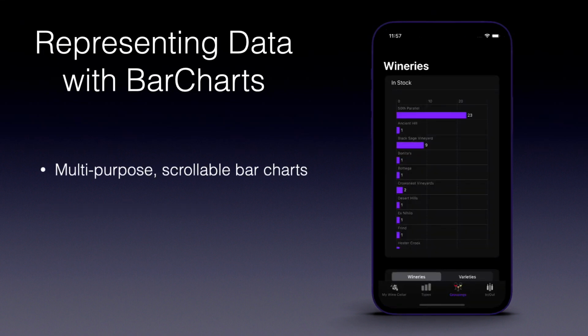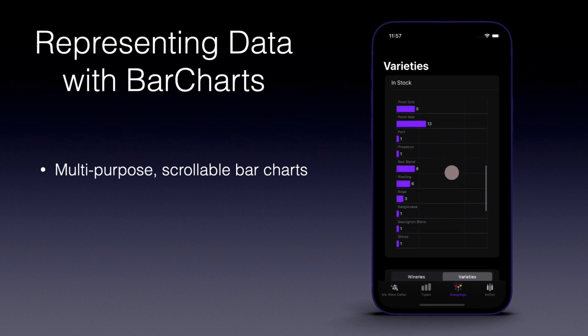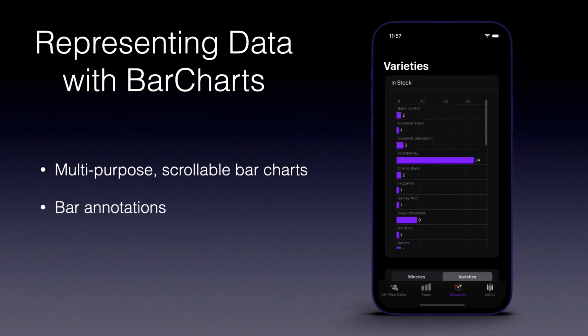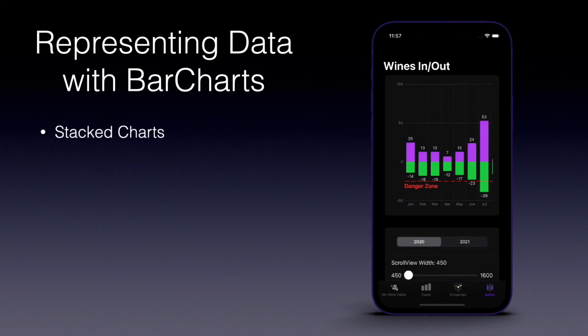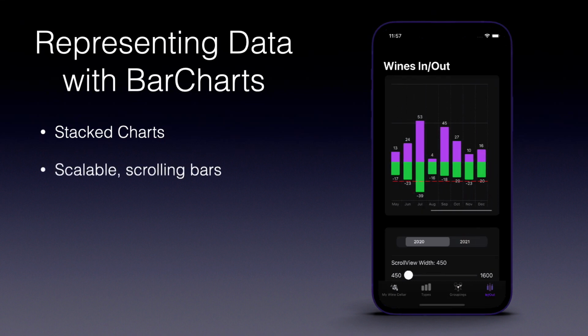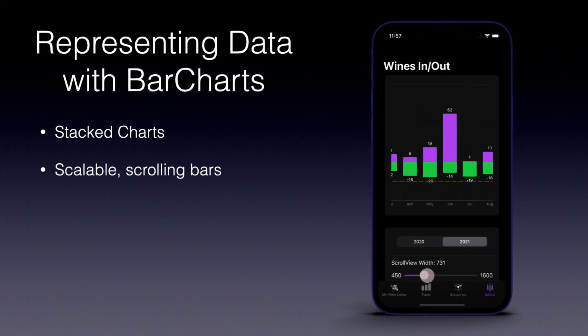Or in this other view, we can use the same view to display scrollable bar charts, and we can apply annotations to display the values of the numbers, which is especially important when the axis disappears when we scroll. And then in the third example, we'll create a stack bar chart to represent the total number of wines in and out, giving the user the ability to scale the size of the bars and decide which year they'd like to view.